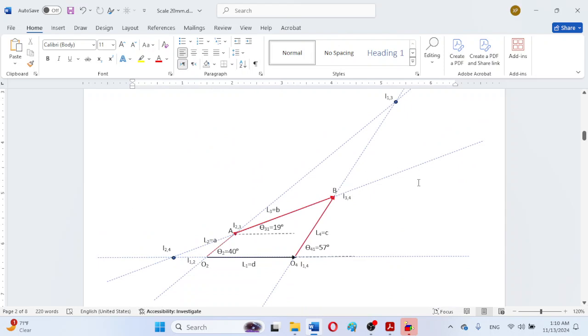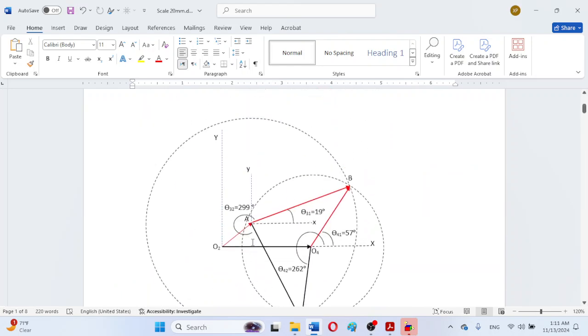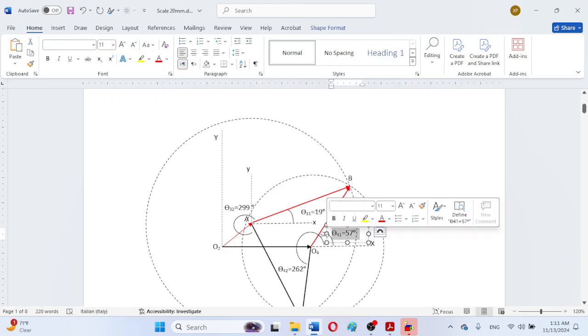Once these instant centers have been located, the only requirement after that will be to calculate the angles. Angle symbols using these arcs can be done in the normal way.